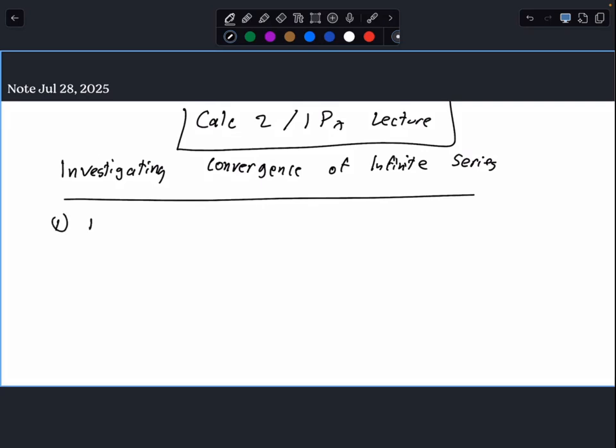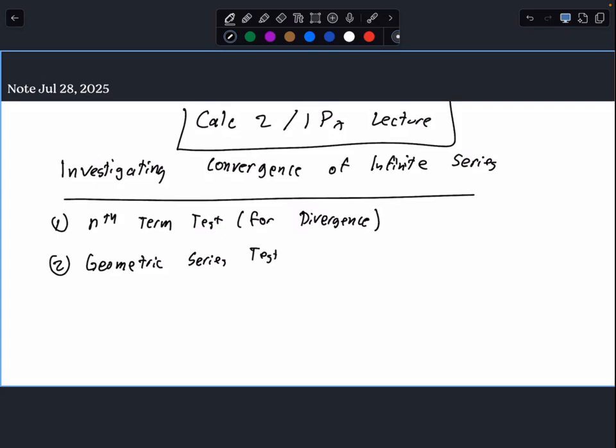One was the nth term test, which is good for divergence. We talked about the geometric series test. And we talked about the telescoping series test.